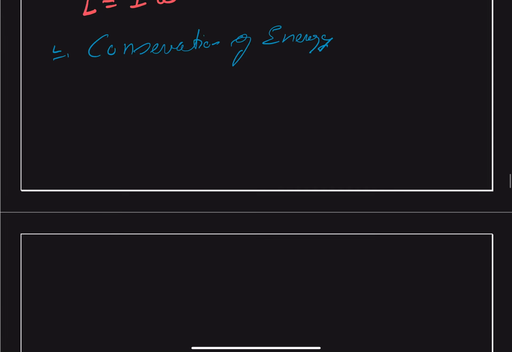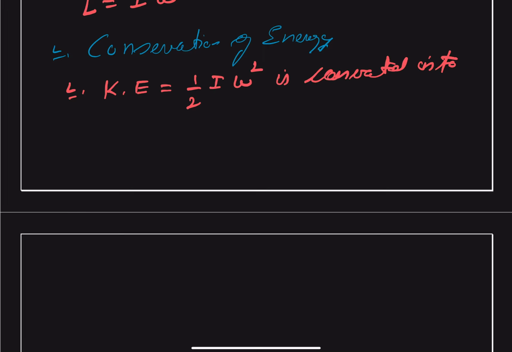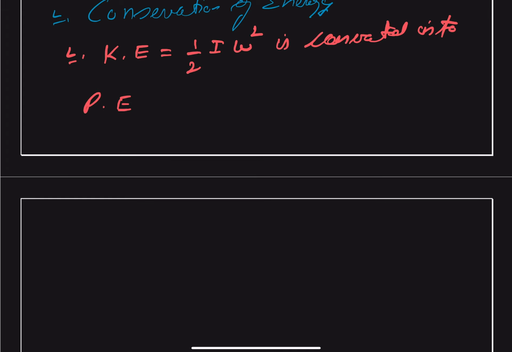So we have our kinetic energy because of the moment of inertia, that will be equal to half I omega square, and that will be converted into potential energy stored in the spring at maximum deflection.